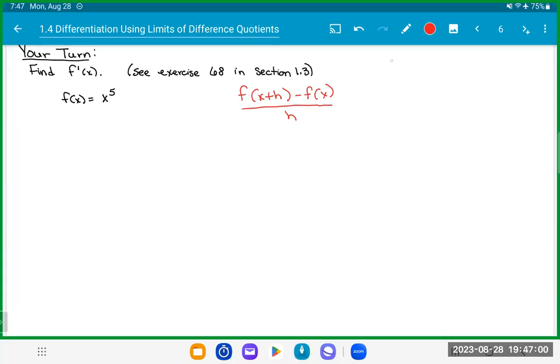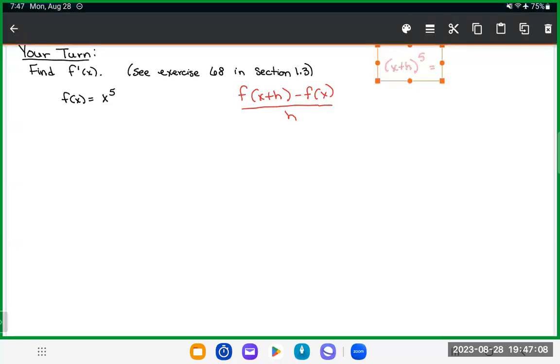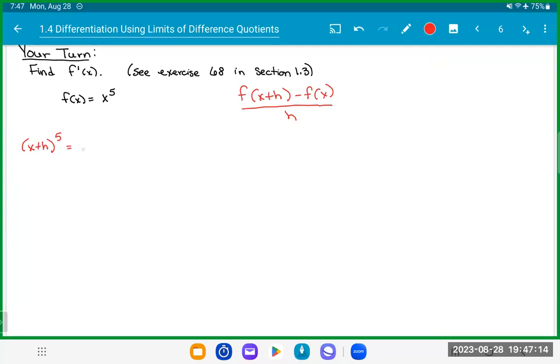Now, to save you a little time, because that could take you the most amount of time, I will tell you that x plus h to the fifth is x to the fifth plus 5x to the 4th h plus 10x cubed h squared plus 10x squared h cubed plus 5x h to the 4th plus h to the 5th.